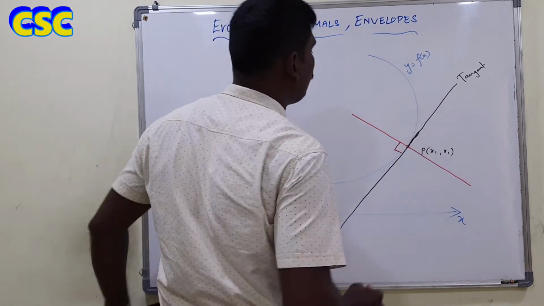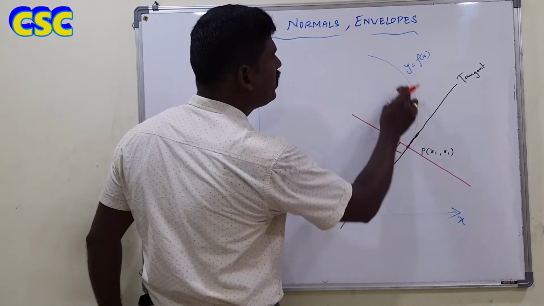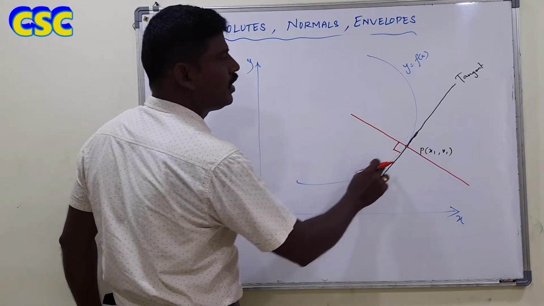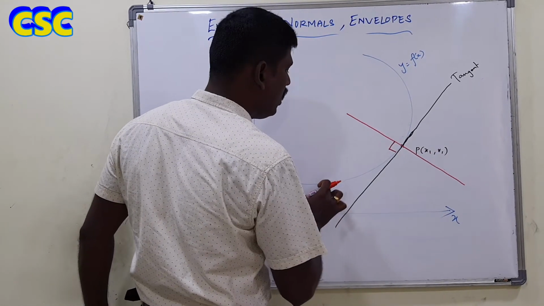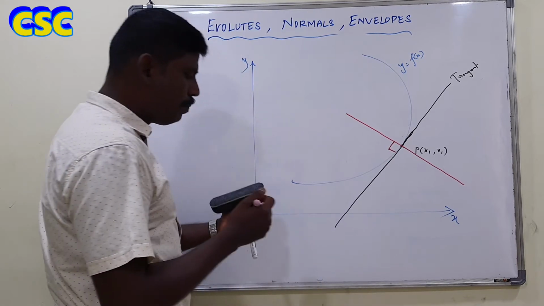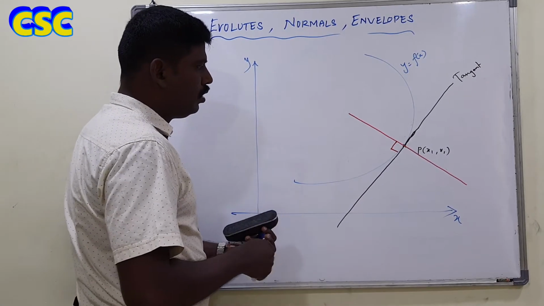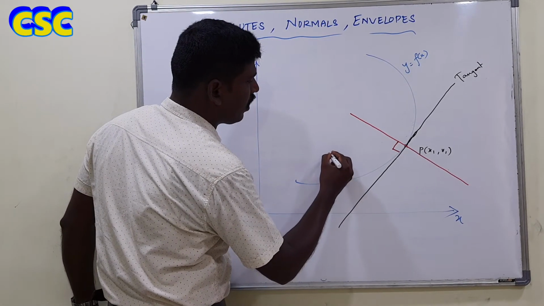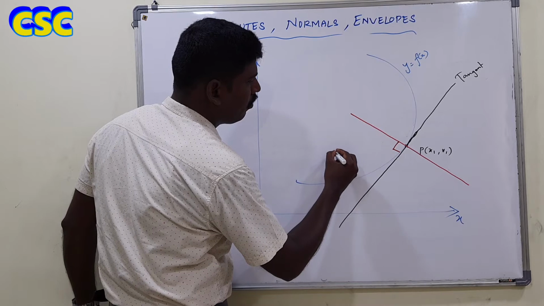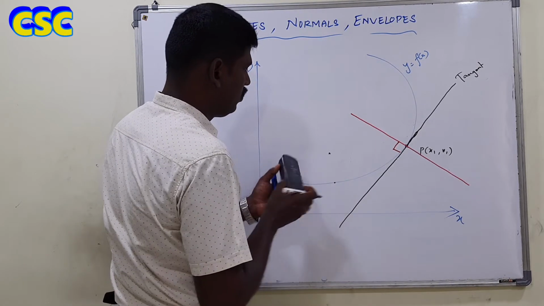Now this is a differentiable curve, so we can find the derivative at each and every point. Therefore, rho exists at each and every point, and also the center of curvature x bar, y bar exists for each and every point on the curve.